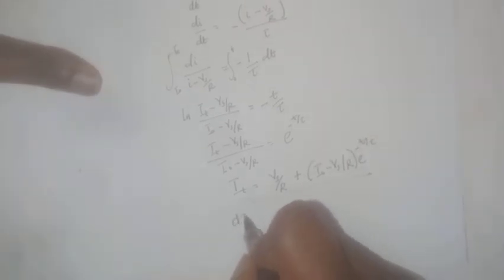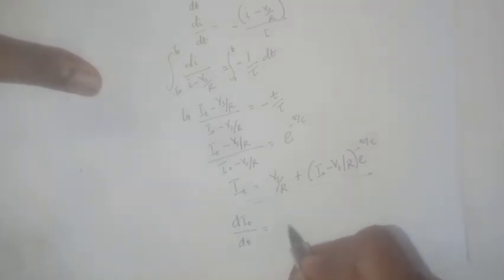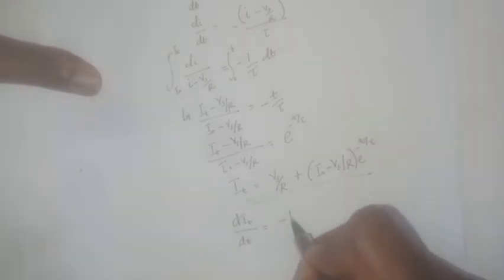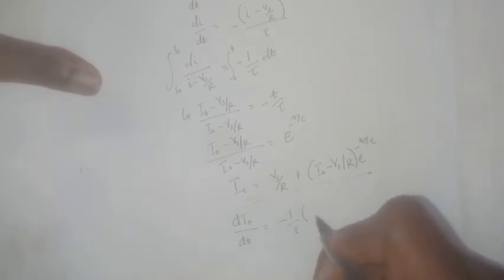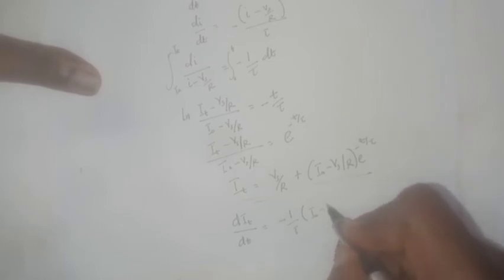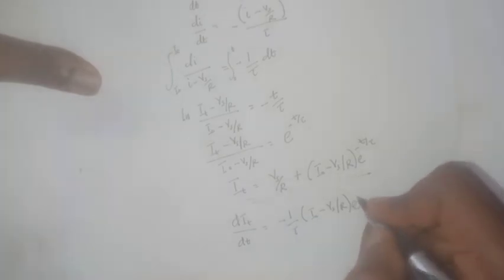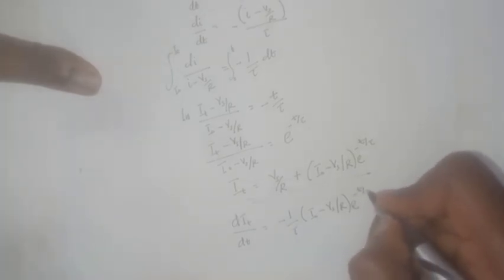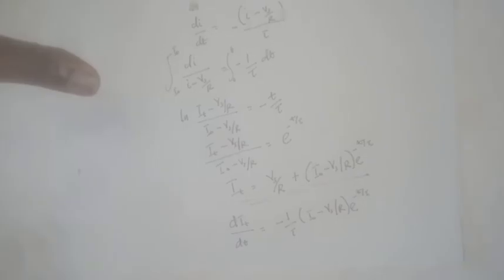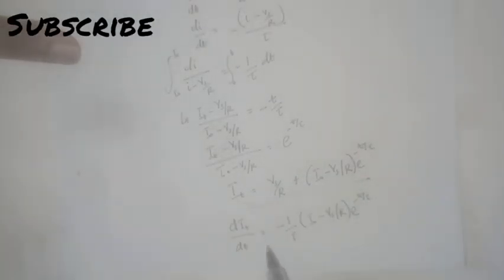So di dt would be equal to minus 1 over tau into (I naught minus Vs over R) multiplied by e raised to power minus t over tau. Now to find the voltage, all we just have to do is to multiply this by L.